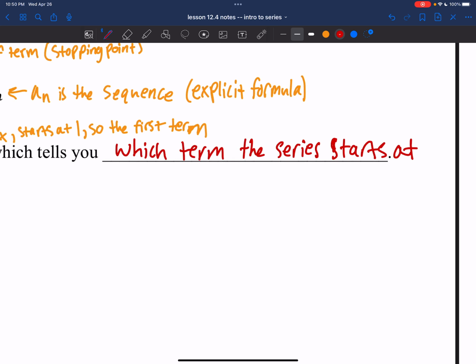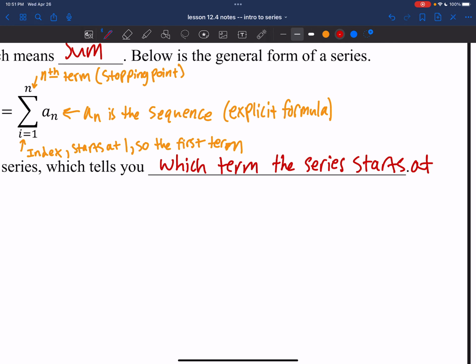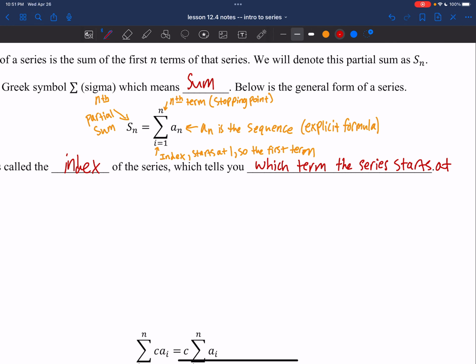My English teachers are probably yelling at me saying, did you just end a sentence on a preposition, Mr. Spake? Yeah, sorry, I don't know how else to phrase this. You say starts at what, right? When you're writing formal essays, all of a sudden we switch to English literature, don't end on a preposition if you're writing an essay.